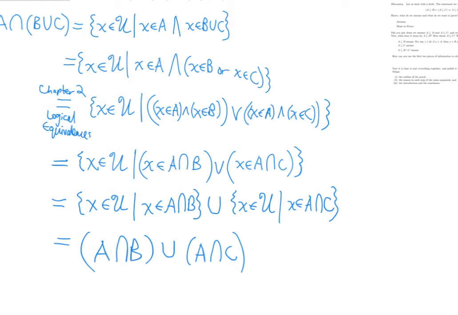Well, this is the definition of intersection. I'm going to abbreviate the word definition as DEF apostrophe N. What about from this line to the next line? Notice we changed the union symbol into a logical statement involving or. So that's the definition of union that we used.